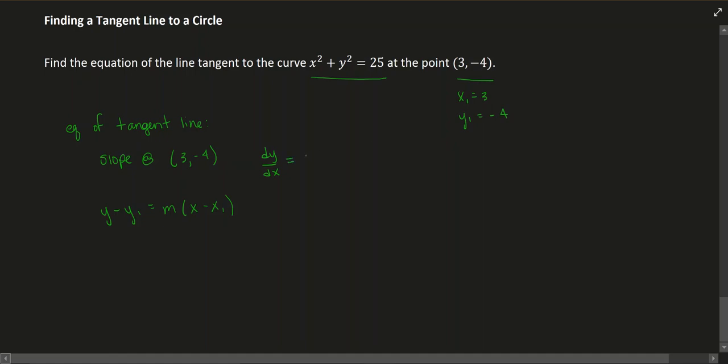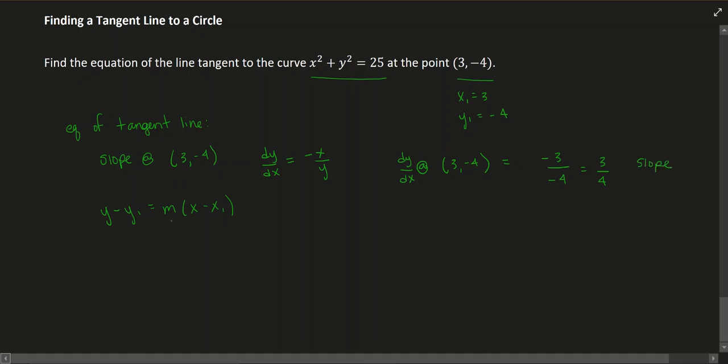So dy dx, hopefully remember, worked out to be negative x over y. And if we're looking to calculate the slope at the point 3, negative 4, we just need to plug in 3 for x, negative 4 for y. So our derivative, dy dx, at 3, negative 4, looks like negative 3 divided by negative 4, which simplifies to 3/4. So that's our slope.